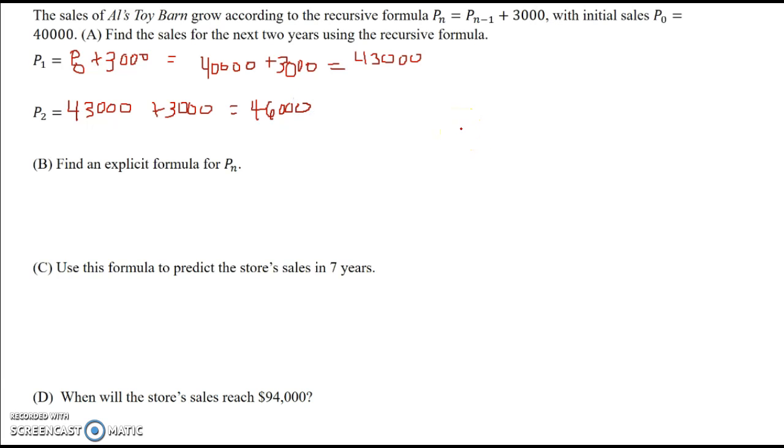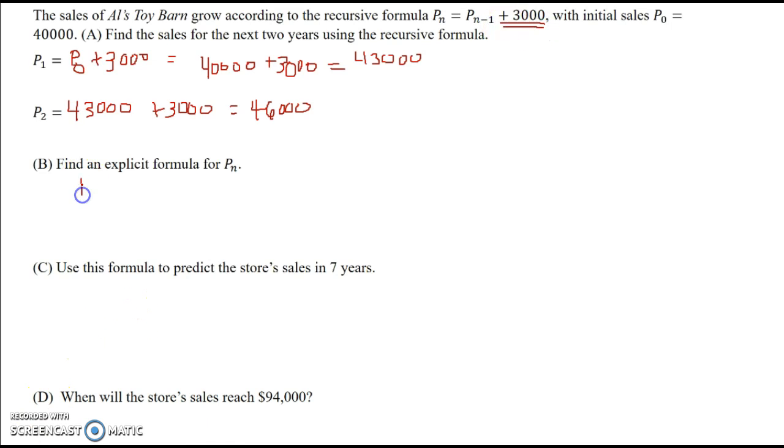All right, part B says find an explicit formula for P sub n. An explicit formula, remember, is one that we can use where we don't have to know the previous time period's value in order to find the value for this time period. So this is a linear growth model because I'm just adding a constant.